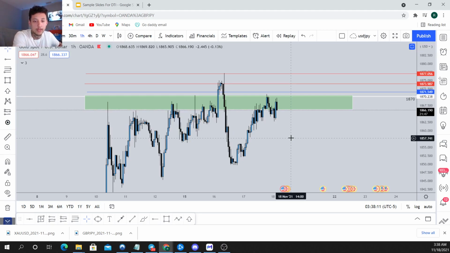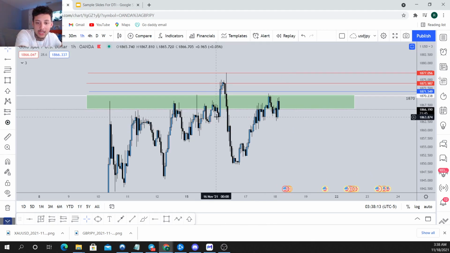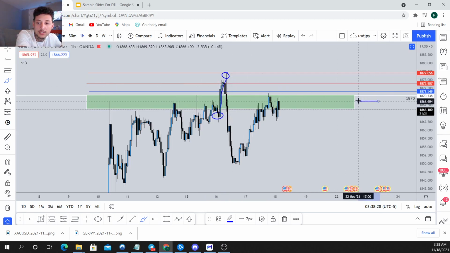The way market makers also make money is by pumping price up. Notice the pump started here, ended up here. So they pumped price all the way up, triggering a lot of people's sell orders, triggering a lot of people's sell stop losses.